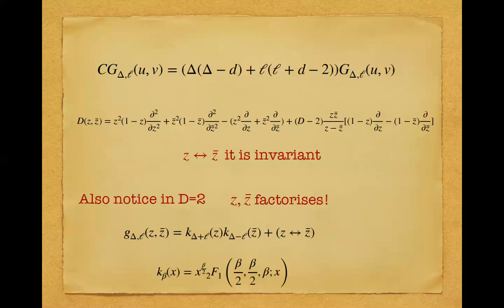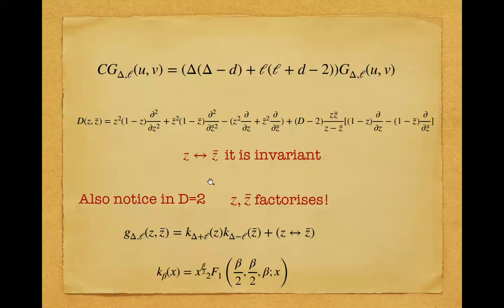Yesterday we were writing it using u and v; now we have done a coordinate change and are writing it in terms of z and z bar. In terms of z and z bar, there is a nice structure to this differential equation. This is the differential equation you have to solve: it acts on the conformal block and gives you an eigenvalue equation.